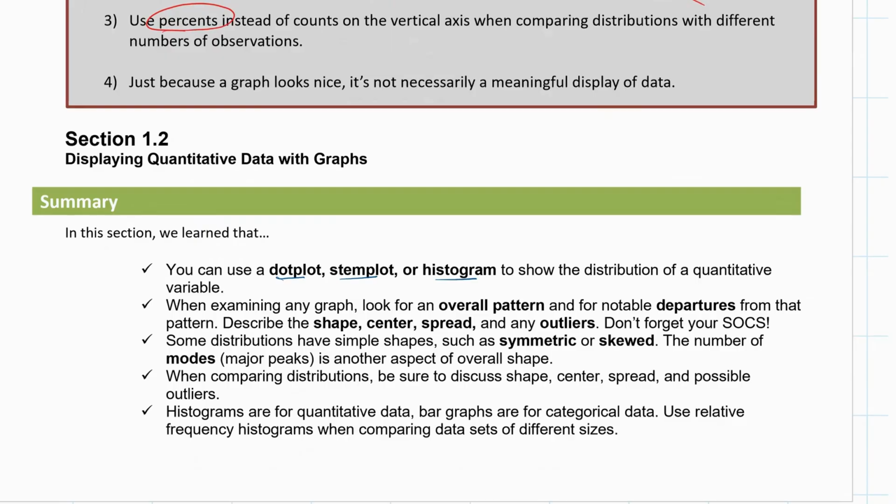Whenever you're asked to summarize or describe a distribution, don't forget your SOCS: shape, center, spread, outliers. Remember, the shape could be symmetric or skewed. And whenever comparing, make sure that you discuss those SOCS. Oh, and use comparison words. All right, and that pretty much finishes up section 1.2.